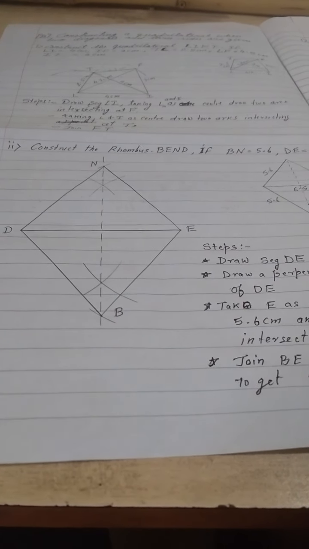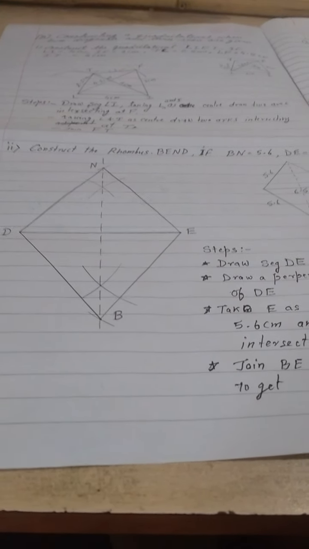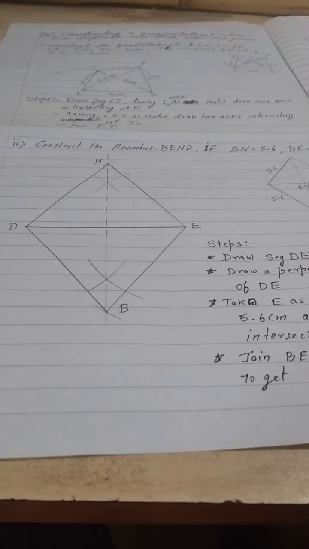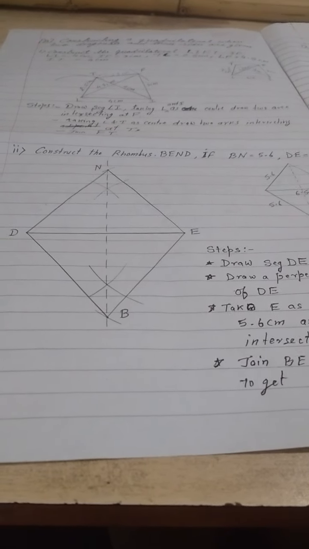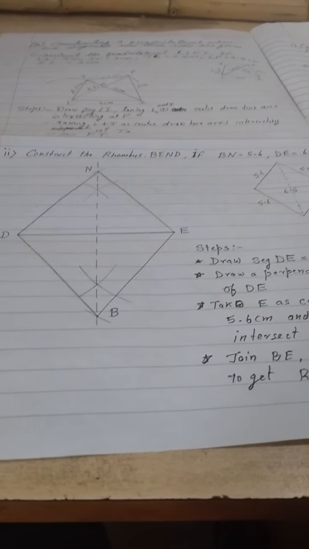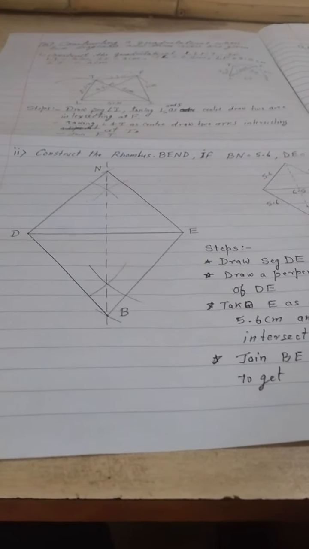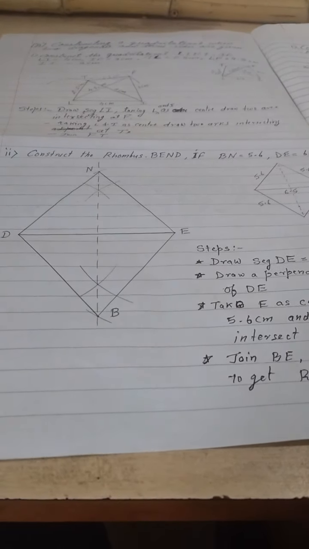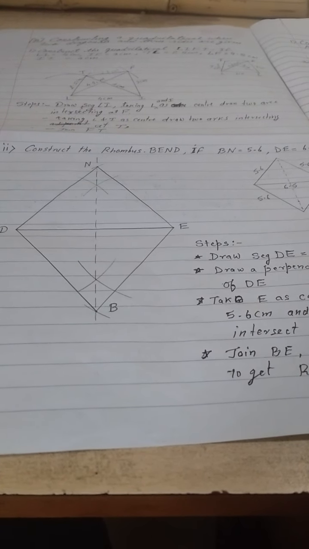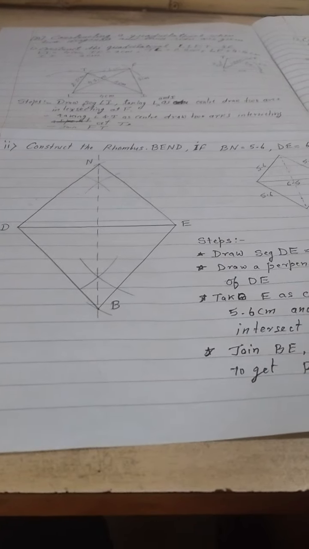Then I joined all the 4 points, that is DB, BE, EN and ND. So I got the quadrilateral, the rhombus I will say, BEND. Now you can check, as one of the diagonals was given as 6.5, we have used that. You can check the length of diagonal BN also.